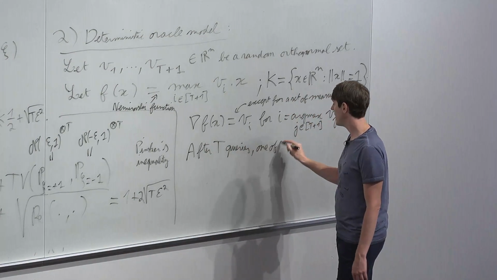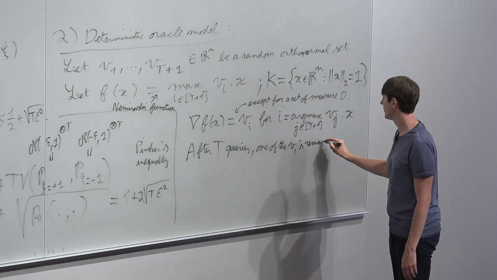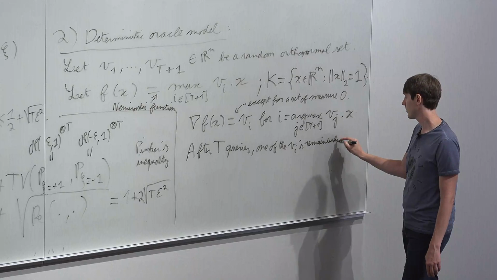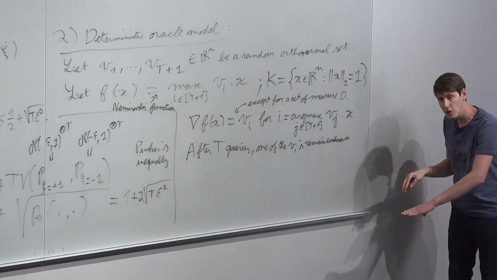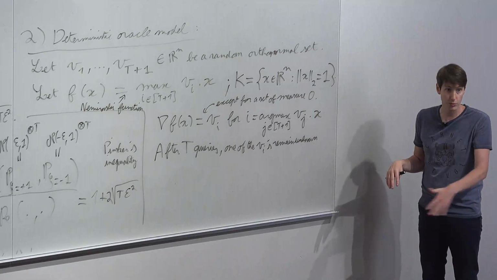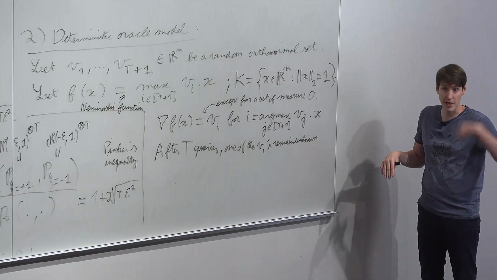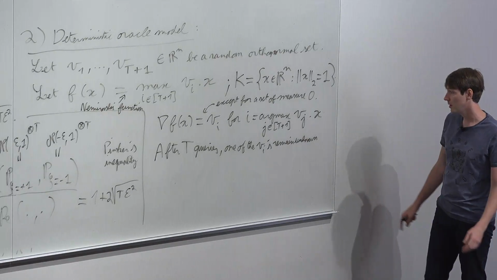One of the v_i's remains unknown. By unknown, what I mean is we know that this last v_i is orthogonal to everything else, but apart from that, it's a random point on the orthogonal sphere.